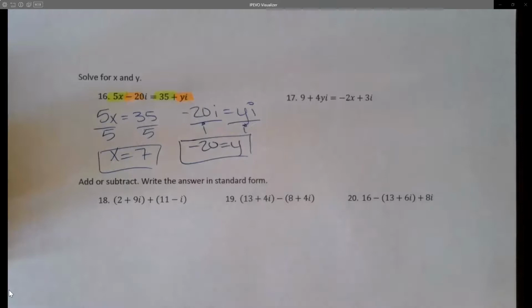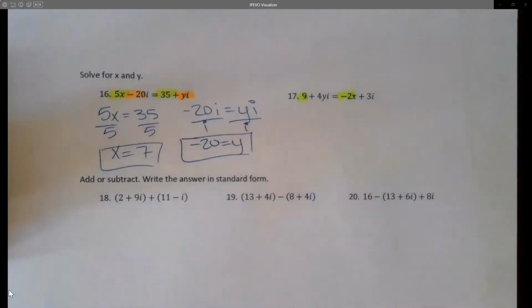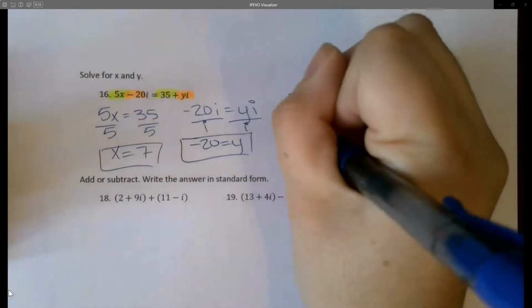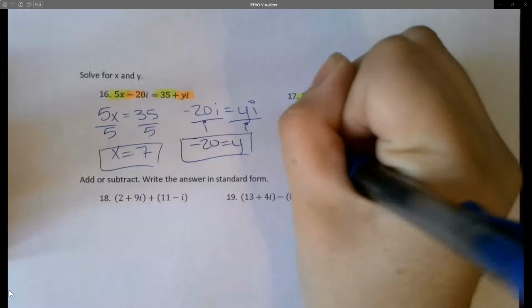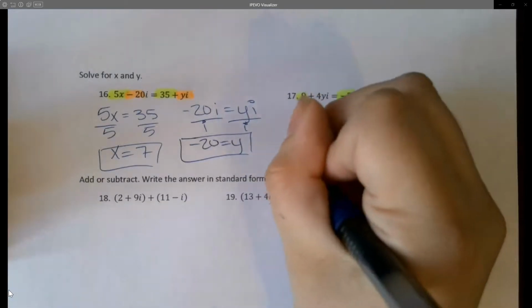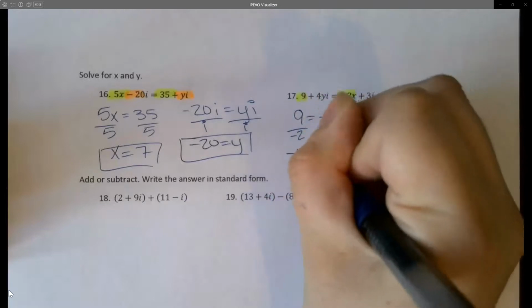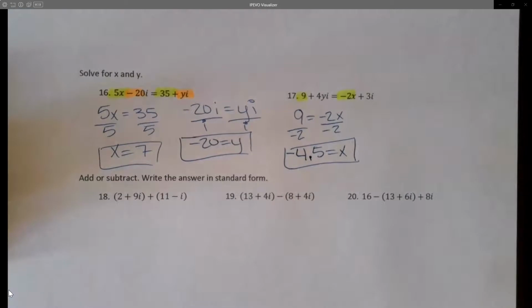Same thing on 17. So I have 9 and negative 2x are both my real numbers. So I have 9 equals negative 2x. I want to divide both sides by negative 2. I will divide this one out because it turns out nicely. I get negative 4.5 equals x for my real number. And then I want to do the same thing for my imaginary parts.